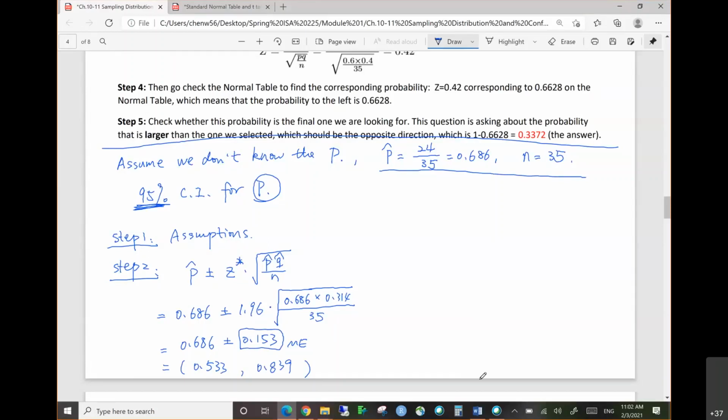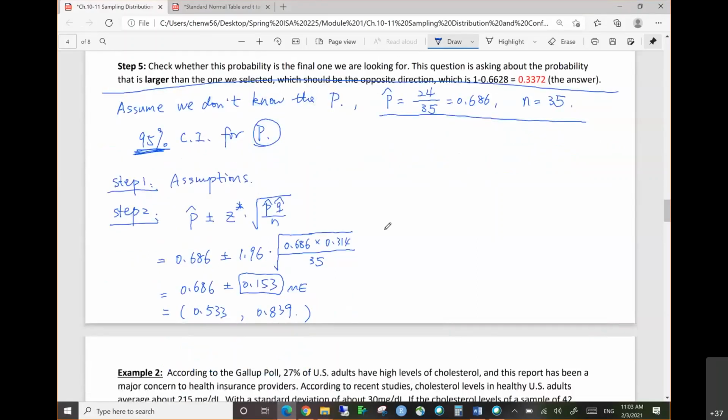All right, are you done? Of course not. You have one more step: interpret your confidence interval.